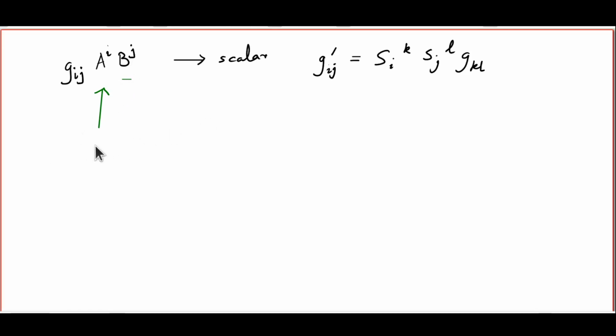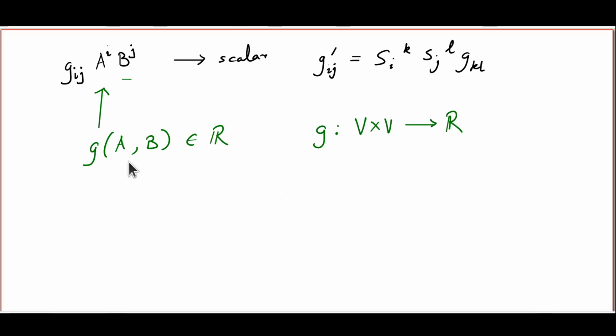So, in a sense, G is simply a map which takes two vectors and produces a number. So, G is simply a map from V cross V, the Cartesian product of the vector space with itself, to R. That's just a fancy way of saying G takes a pair of vectors and produces a real number.